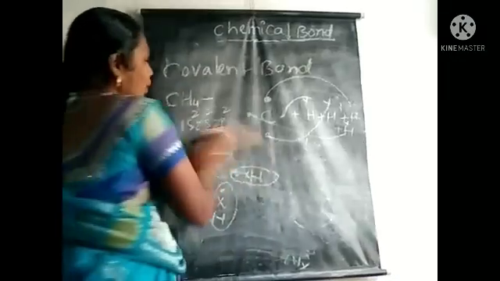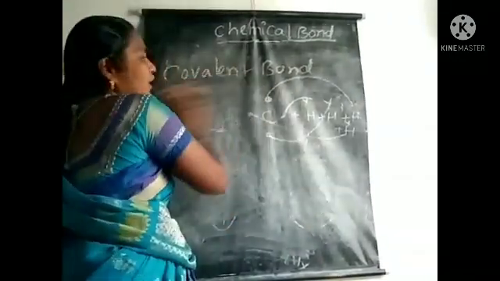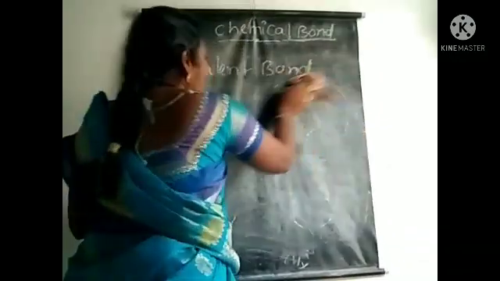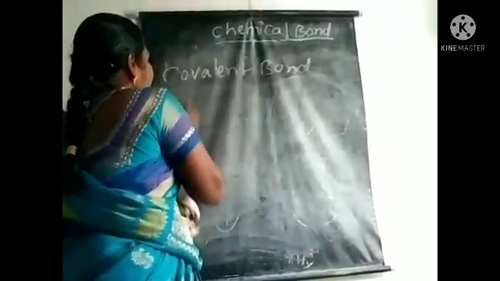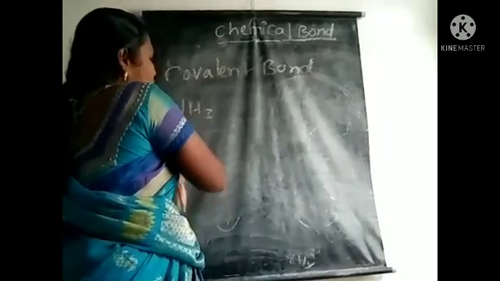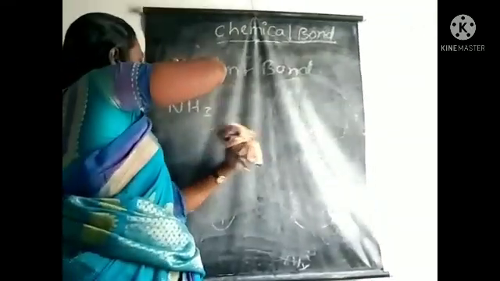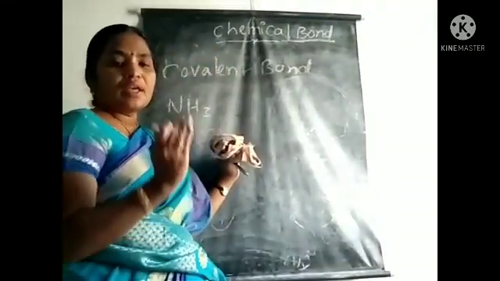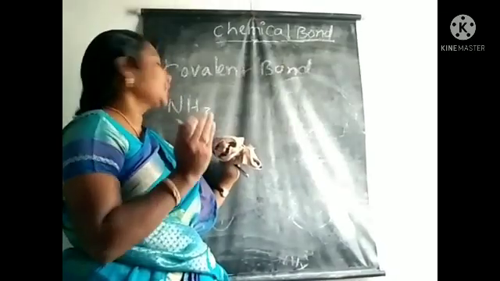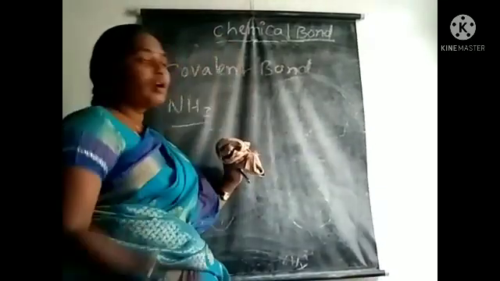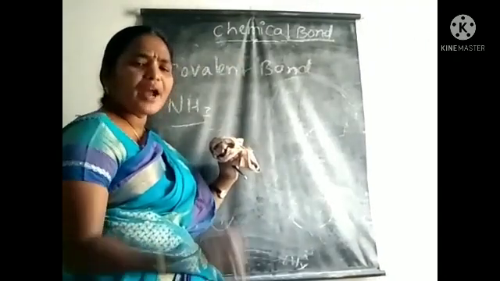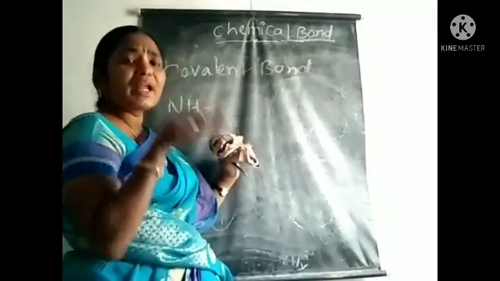Take one more example, ammonia. The ammonia formula is NH3. In ammonia, one nitrogen and 3 hydrogens are there. What is the electronic configuration of nitrogen?